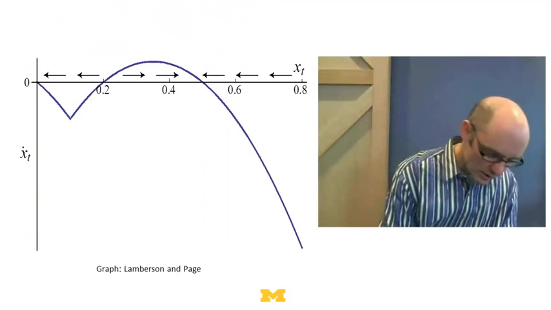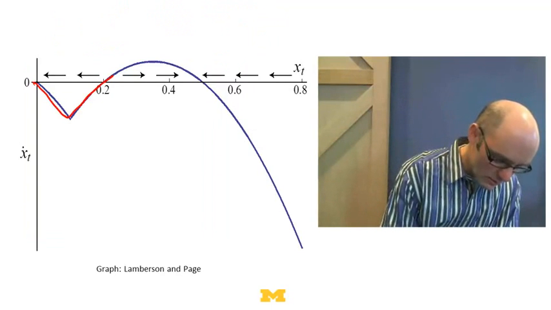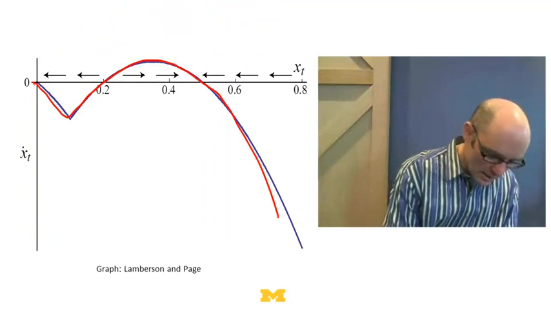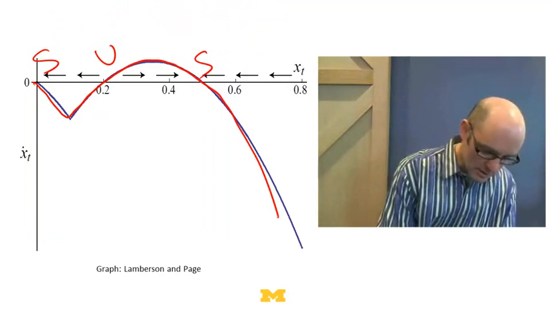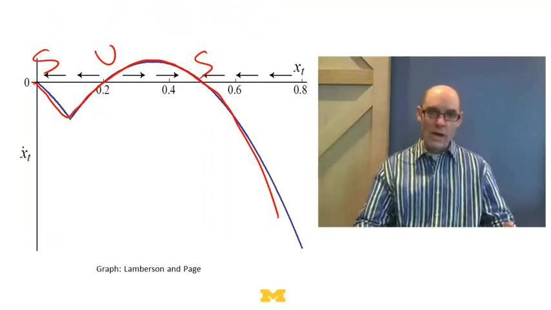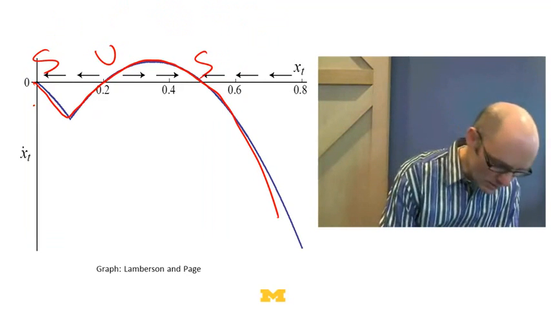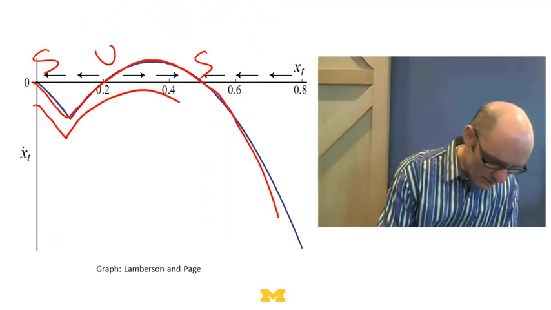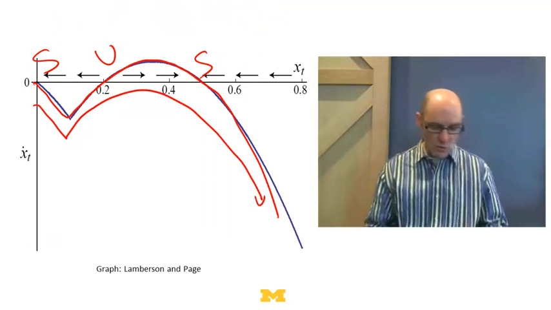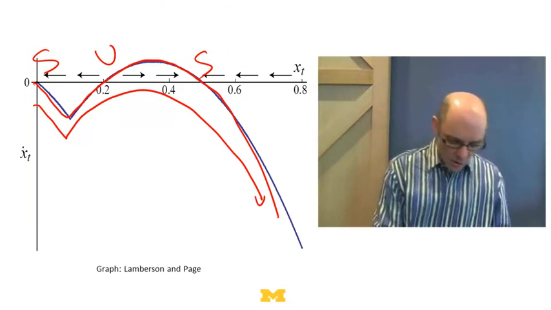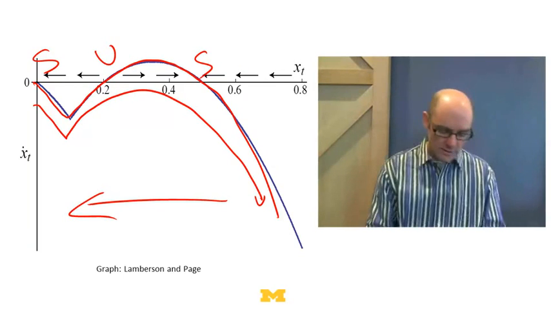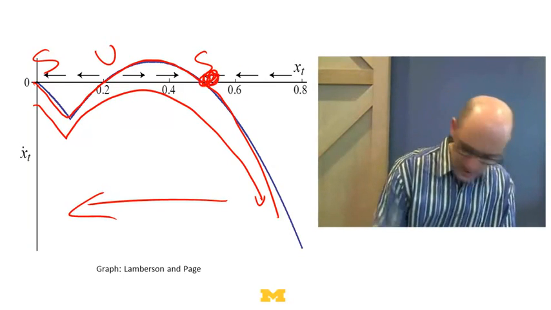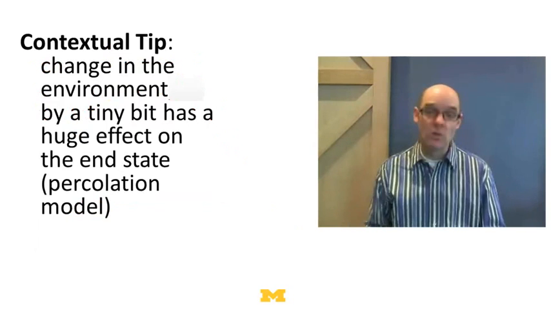So here's our function. We've got this system where here's a stable equilibrium, here's an unstable equilibrium, here's a stable equilibrium. Well, what happens if the context changes and moves this line down a little bit? Then all the arrows point in this direction. So this equilibrium that was stable is no longer stable.